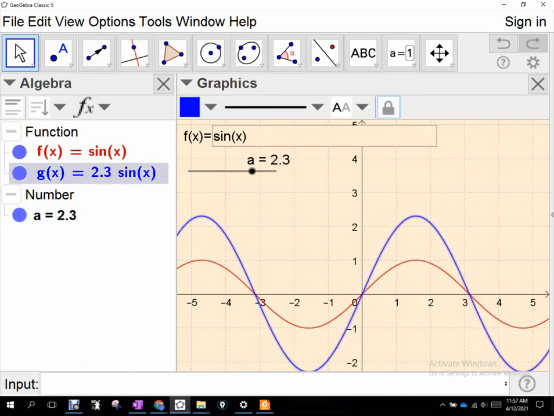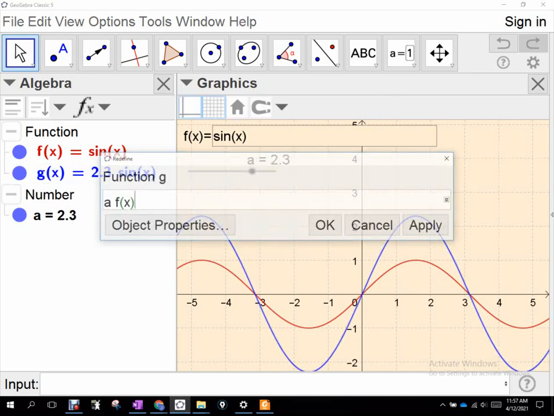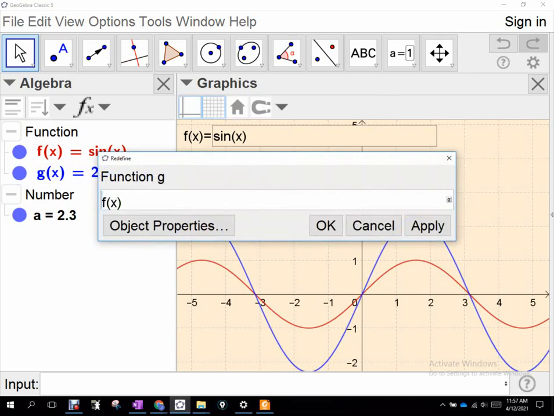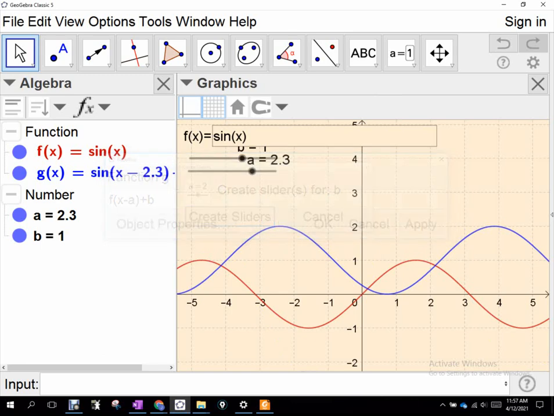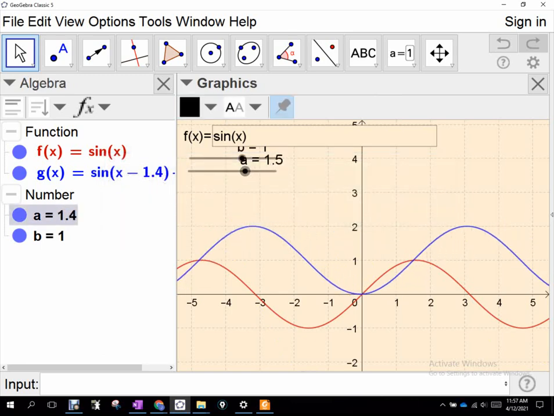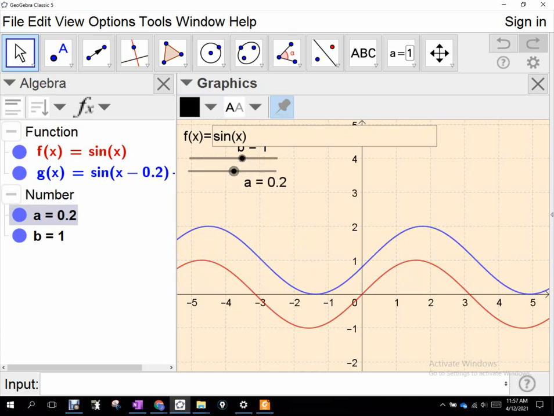Okay, if we want to, so let's take a, and let's go plus a, plus. I should go minus a plus b. So again, I'm going to start with the sine of x graph, which is the red one.